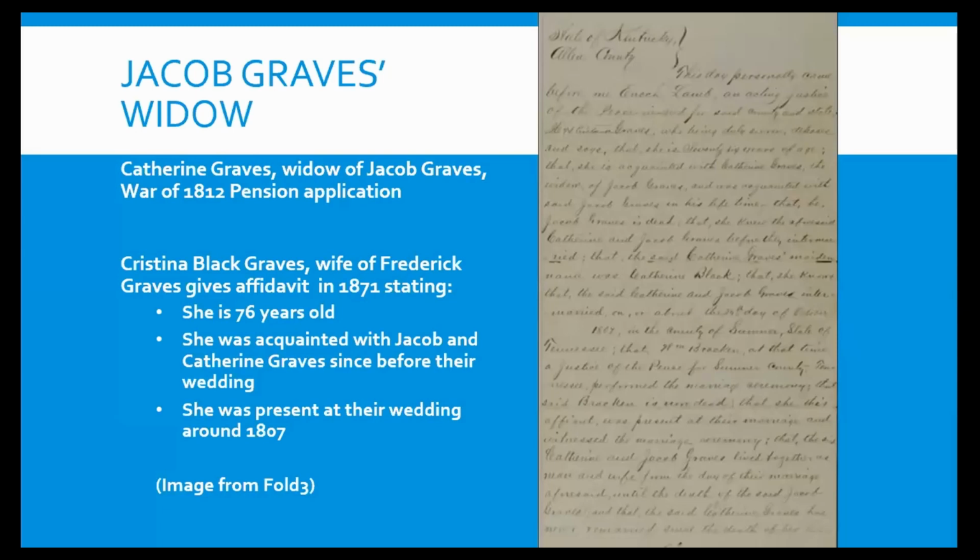So now we have linked the three brothers kind of closely together because they're all providing witness statements for each other so that they can get their pension. And they're basically also attesting that they have known each other virtually all their lives and that they were at each other's weddings. So this is all good as far as making my case that these three are probably brothers. There were no other Graves families in that area, I should say. It's kind of an uncommon name in that area of Tennessee until these brothers moved there.